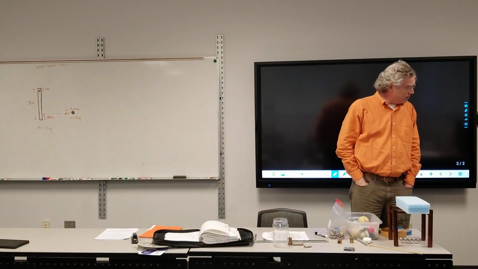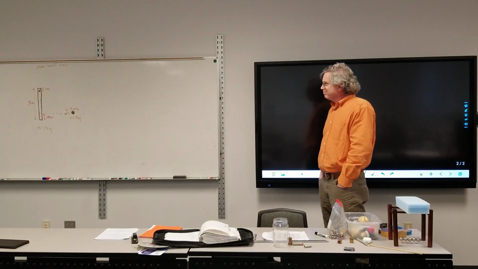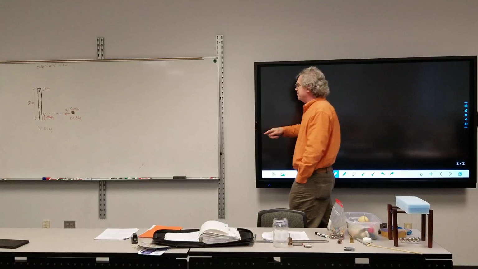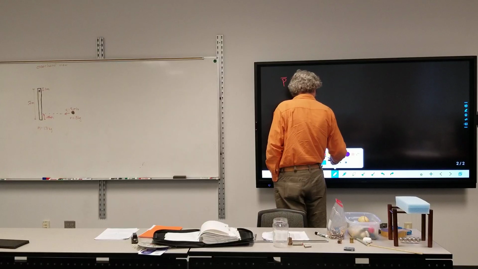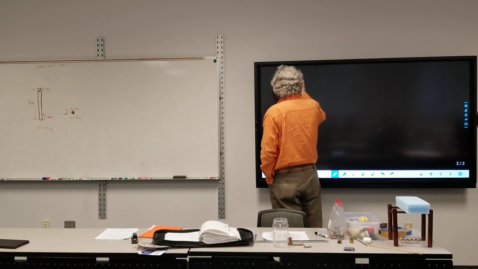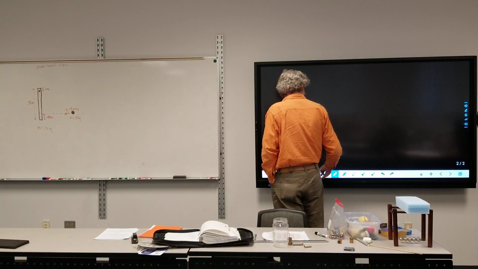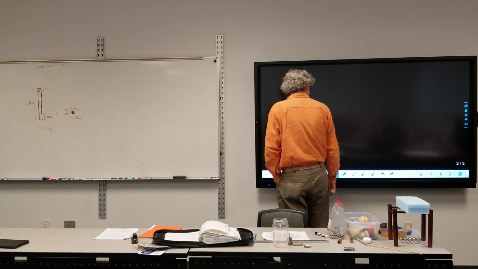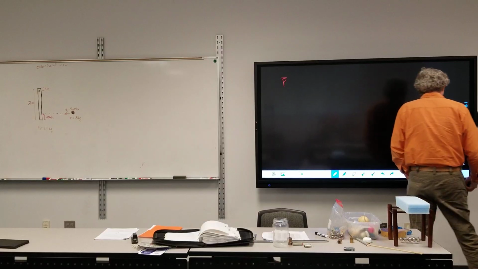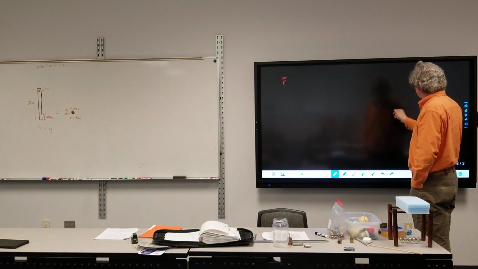So that brings up the question of, what's the formula for angular momentum? So normal momentum, P equals mv. Suddenly it changed colors. Great. That's great.